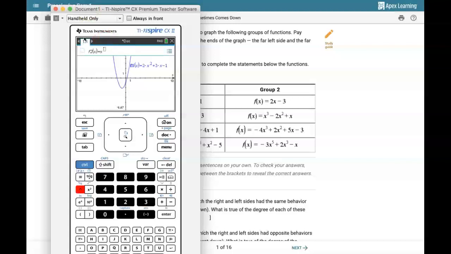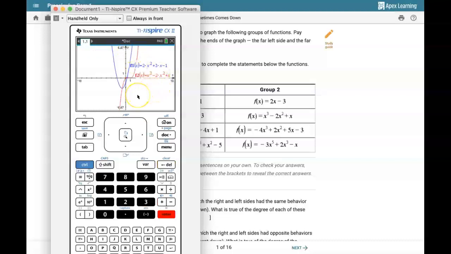So I've got x to the power of 3 minus 2x to the power of 2 plus x. My graph's kind of freaking out there, but that's kind of what that graph looks like. Oh, that would be because I did not bring down.